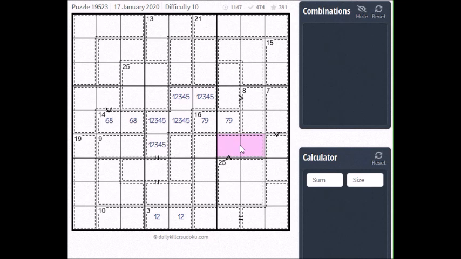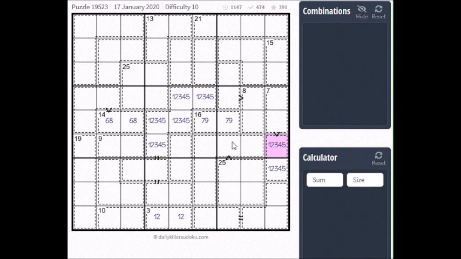In all cases, notice that this combination here must include 1, 2, and 3. Also, this is less than 7, so this cell would be 1, 2, 3, 4, 5. It cannot be greater than 5.